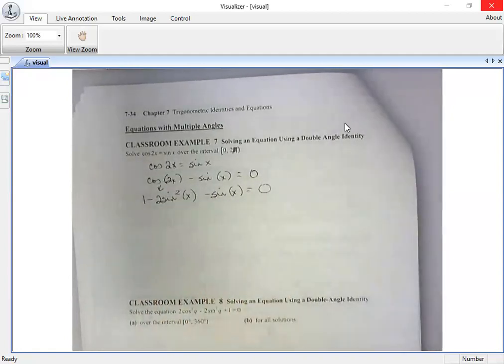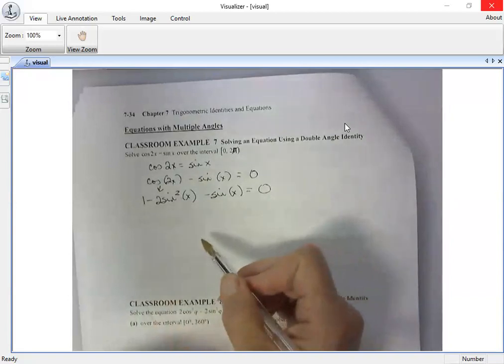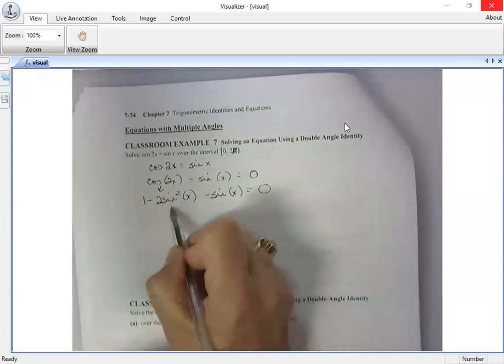Okay, what now? Yeah, in fact, I probably want to do a little rearranging, right? Okay, so which term should probably be written first? The one that involves the sine squared.